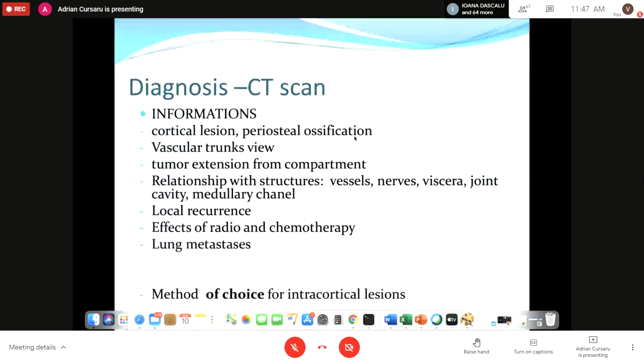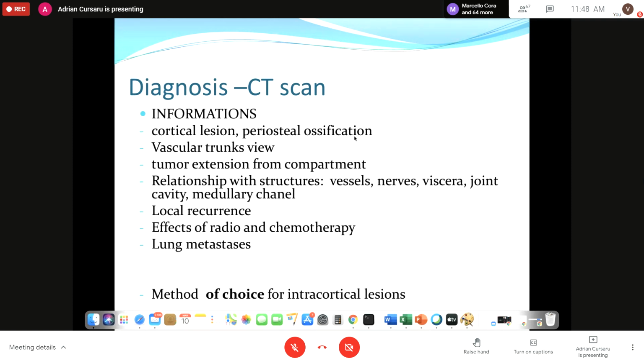The CT scan is very important for us, it gives us very important information about the cortical lesion, periosteal ossification, and vascular trunks view. In that type of investigation we can see vessels and nerves, and we can establish if the tumor is affecting those structures and the muscles and the soft tissues.